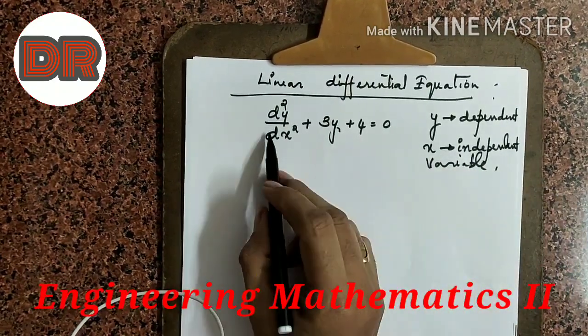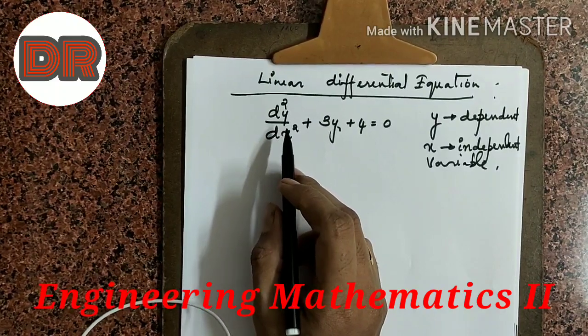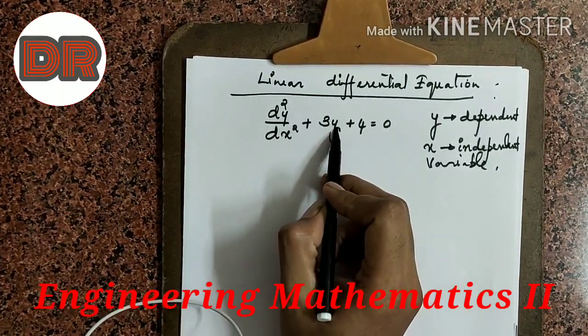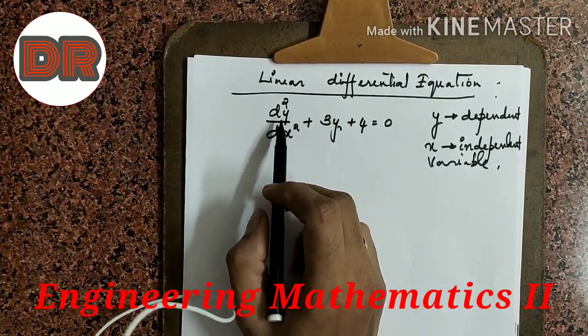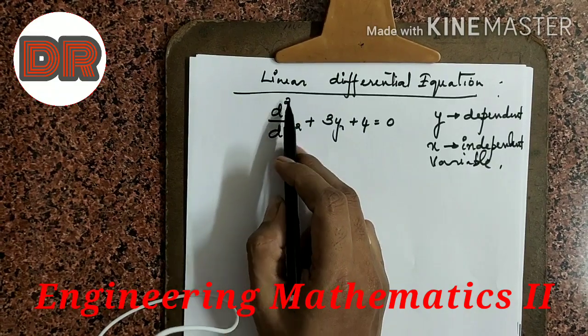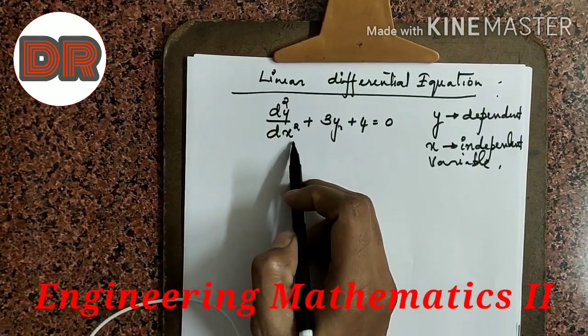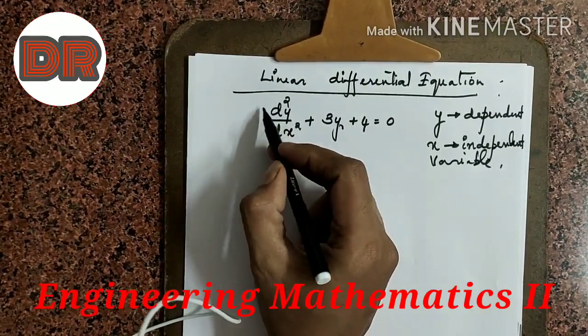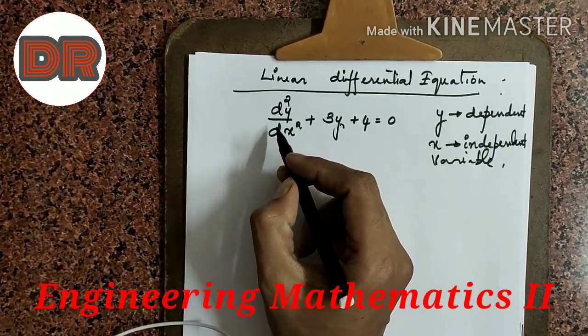So a differential equation is said to be linear if the dependent variable and its derivatives are of first degree. So this is the dependent variable and its derivative. We have a derivative term, which is nothing but d square y by dx square. Let me see what the degree of this differential equation is.